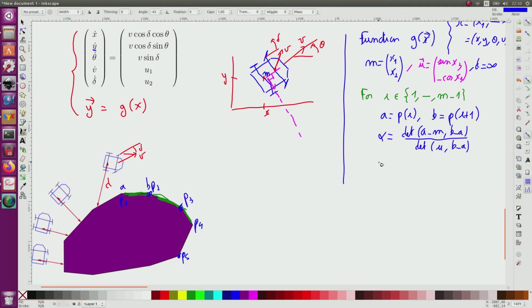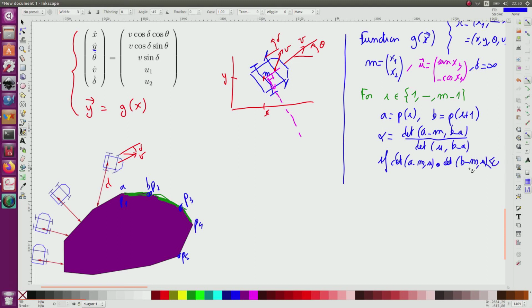Now, if the condition of intersection is satisfied, it means that the determinant of a minus m, u, multiplied by determinant of b minus m, u, is negative.